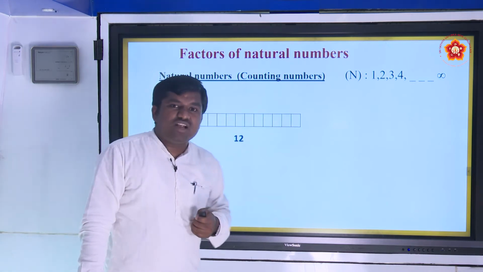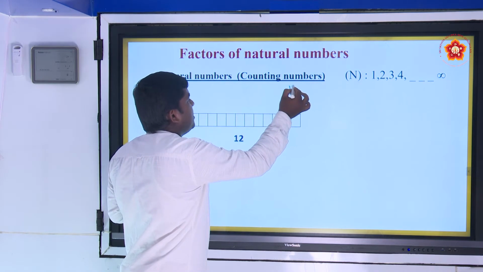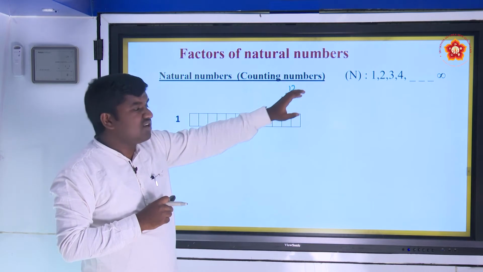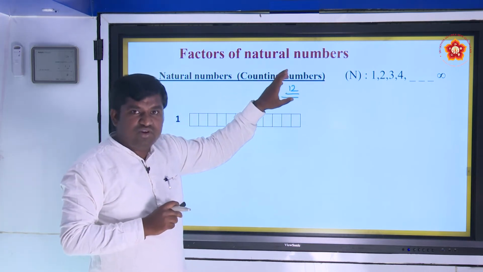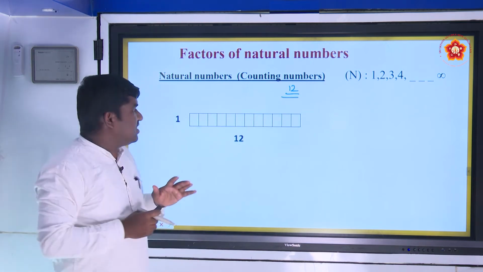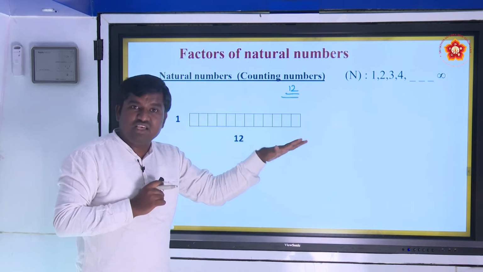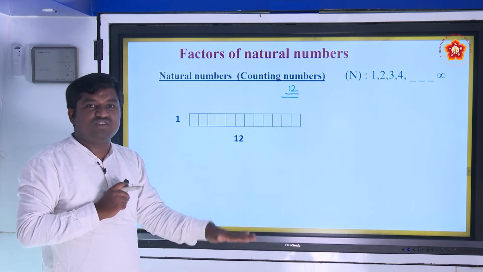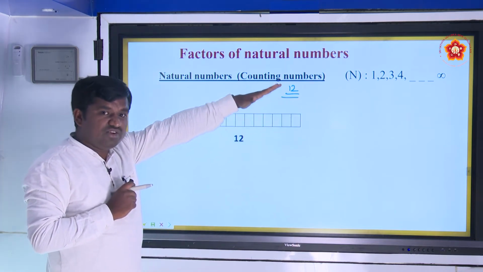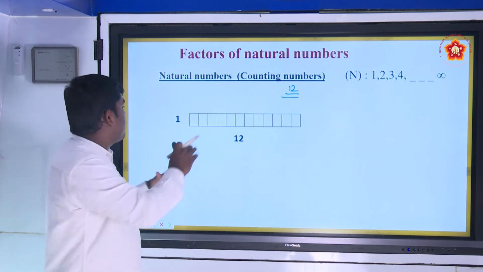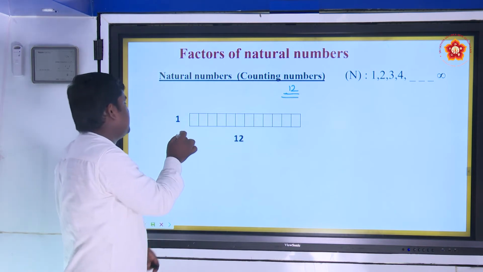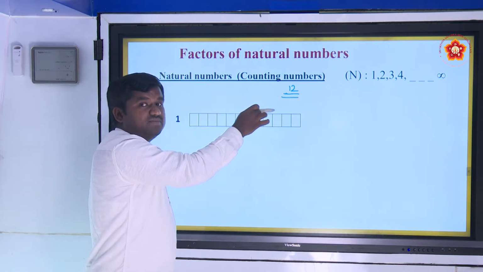The natural number 12. 12 is a natural number. I will take this. How to represent this 12? We can take 12 boxes. How to arrange these 12 boxes in various ways? If the number of columns is 1, then you should arrange in 1 column only. Suppose 12 can be arranged like this: 1 row, 12 columns.